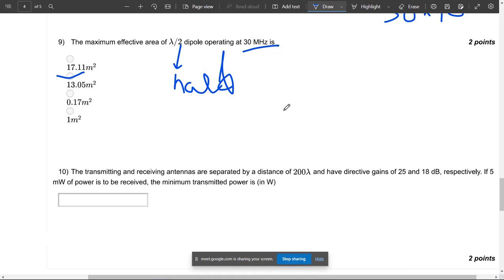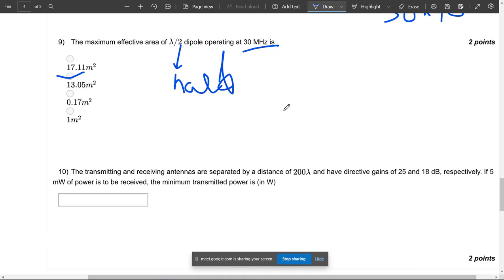Now the effective area means what the wave that we are feeding into that antenna feels. This effective area is the area of that antenna which that wave perceives. For all the calculations we use effective area instead of actual area, because the actual area is physical, which we can see, but the effective area is what the electromagnetic wave feels on that antenna.